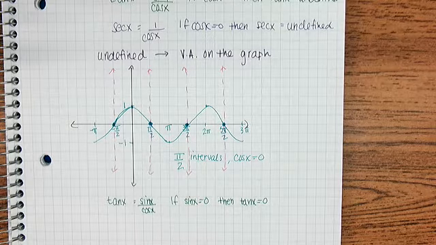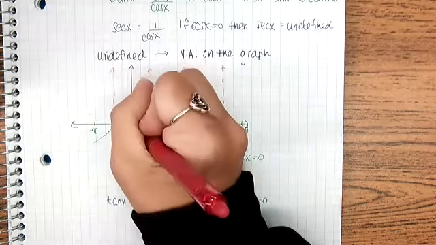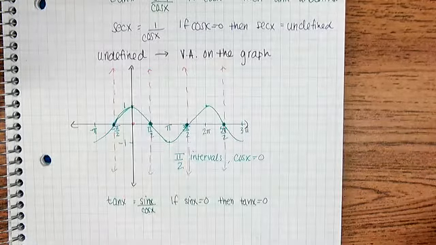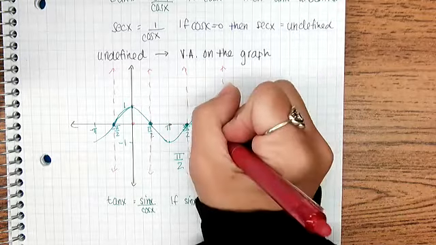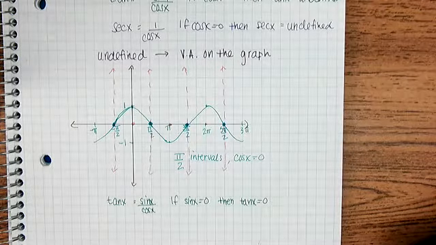Okay, so where is the sine 0? That is at 0. The sine is 0 at 0, the sine is 0 at pi, the sine is 0 at 2 pi, etc.